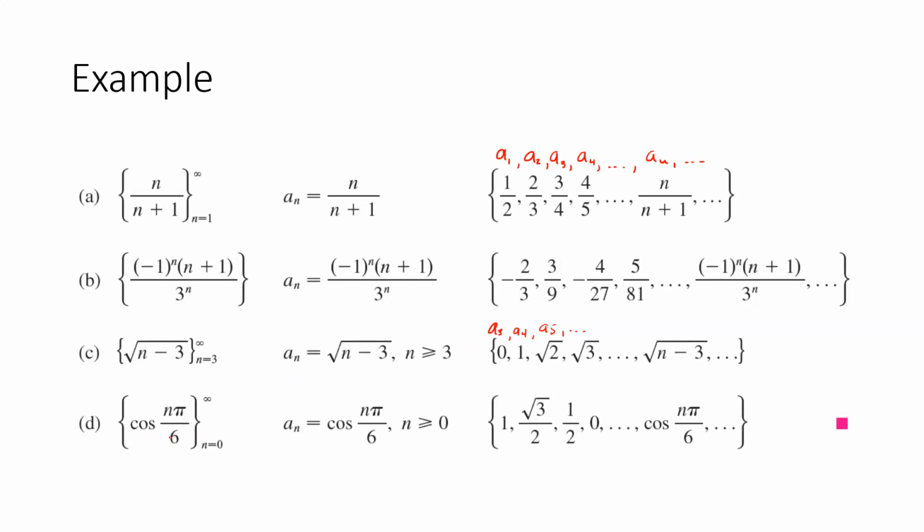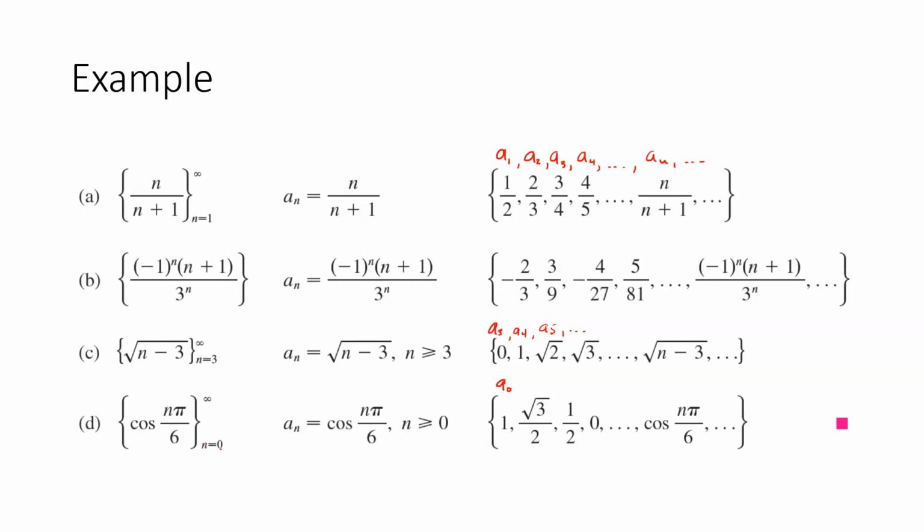Something similar here in the next example. Notice we're not starting with n equals 1, but now we're starting with n equals 0. So here the sequence is generated by cosine of n pi over 6. When n equals 0, we start with cosine of 0 for the first term, so a0 here would be 1.